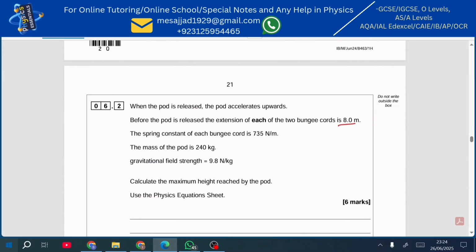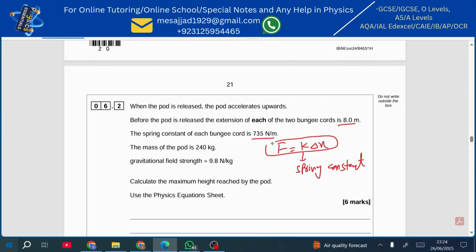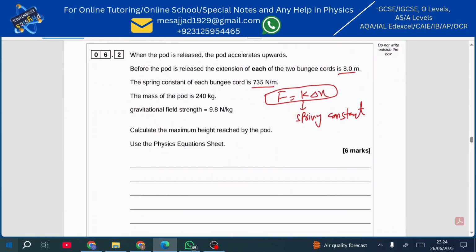Okay, the spring constant of each bungee cord is 735 Newton per meter, because we know that when something is stretchable, the formula applicable to that is F equals kx, where k is called the spring constant. And the spring constant in this case is actually 735, and this formula always applies to springs or anything elastic, which can be stretched or compressed. So here the rope is extendable, so we can consider that rope as a spring.